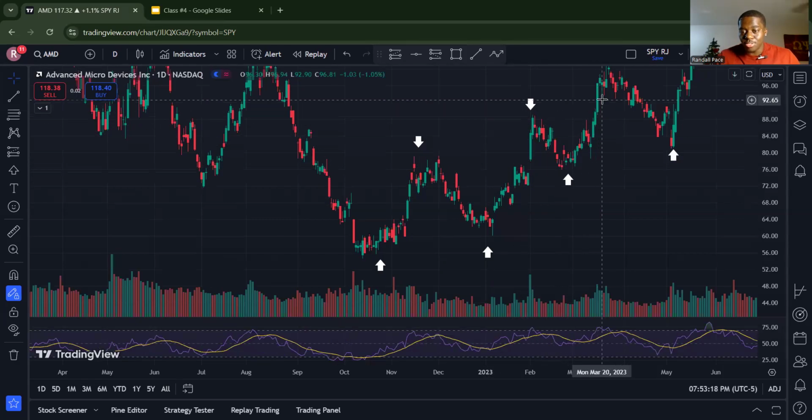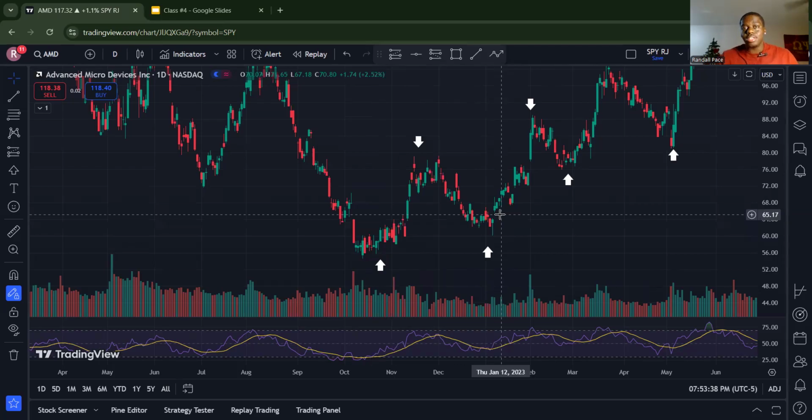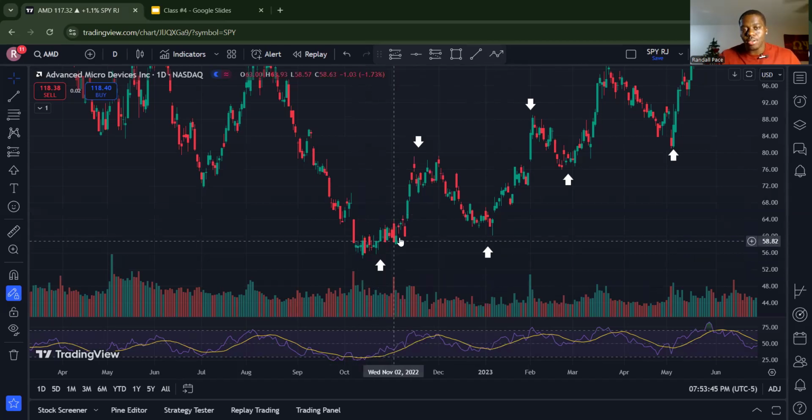You might start getting a little cautious around here, all right? Then after this new high is broken, it's like your stop loss moves, okay? So if you was to get in here because you see buyers are in here, technically your stop loss would be the next point where the structure is broken, which would be around here, okay?